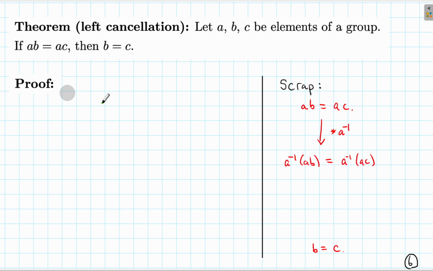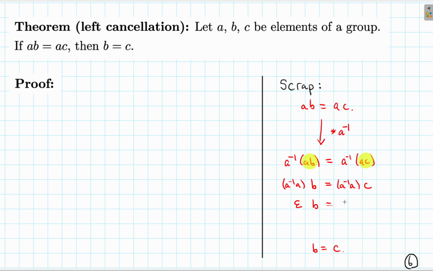And so our original equation was AB equal to AC, and we multiplied both sides on the left by A inverse. And now we can use the associative law to regroup, because we want to isolate A inverse and A so they cancel each other out. And then A inverse times A is the identity element.